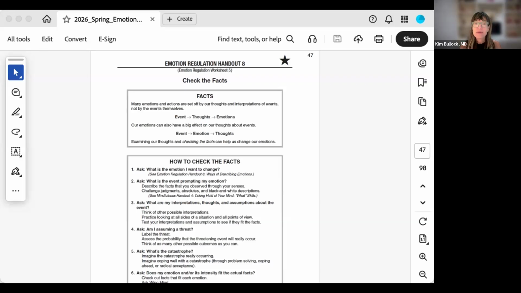For example, if somebody's having some stomach pain and they limit their prediction to, oh, it must be stomach cancer, or I have an ulcer, they may also assume that discussing the pain with their doctor will just lead to invalidation.